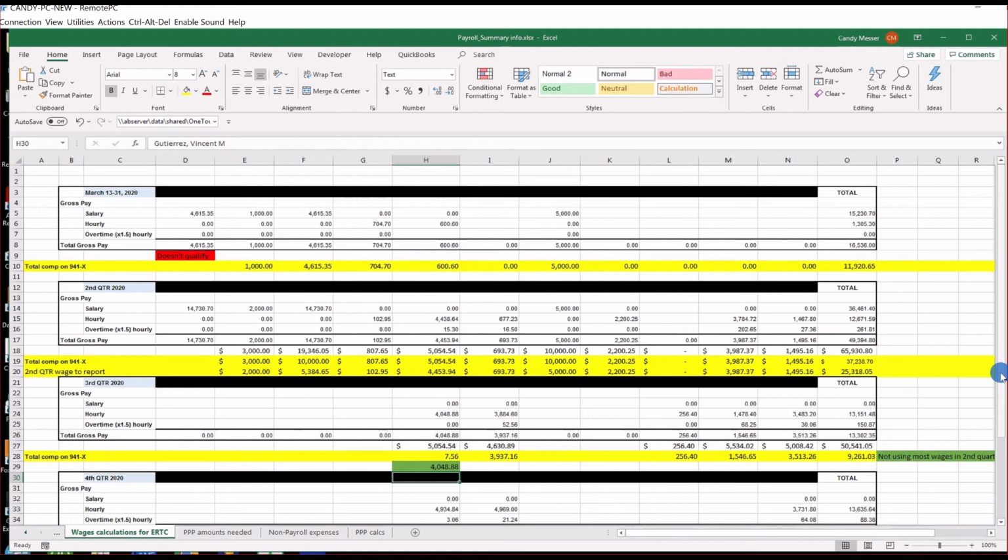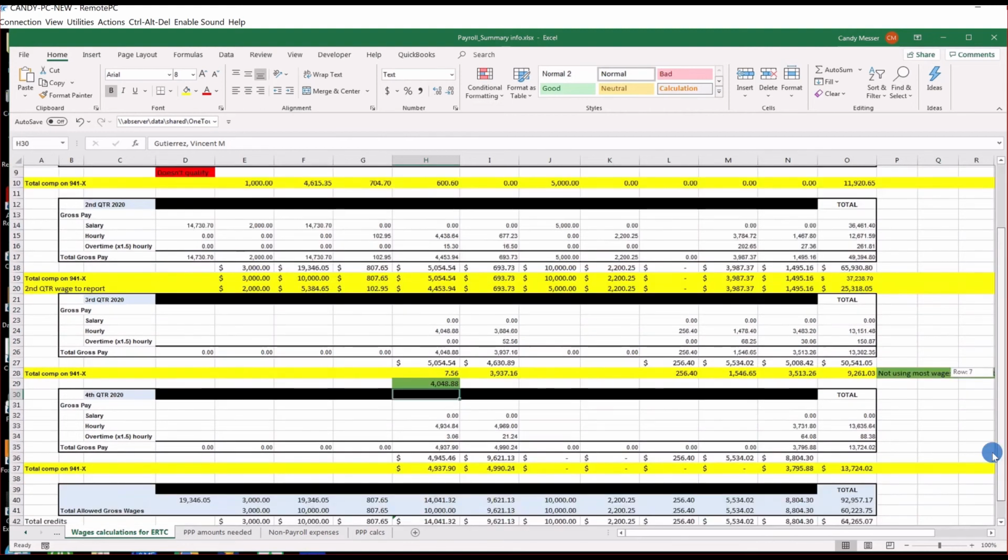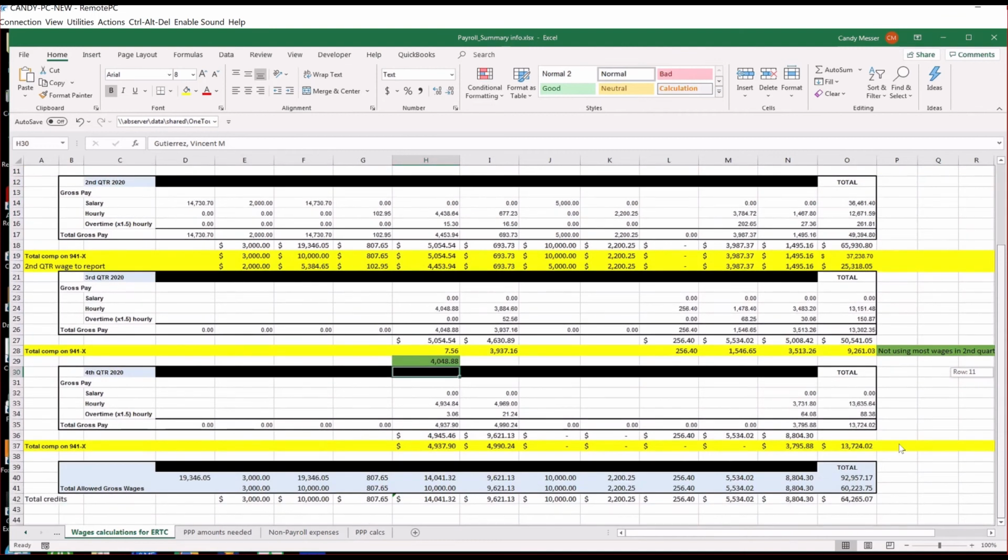So this quarter has a very low amount of wages that we have used, and that was the $9,261.03. In the fourth quarter, though, we go back and we're able to pull what he had. So we added what we'd used in the past to this $7.56, and that left us what we were able to use on the 941X in the third quarter. So then at the bottom here, you can see the total amounts that we're allowed to use for each employee.